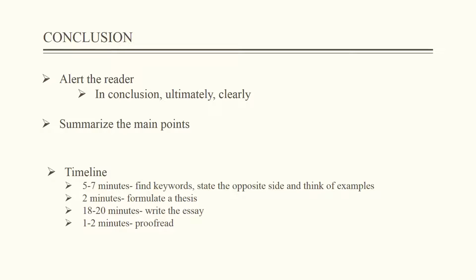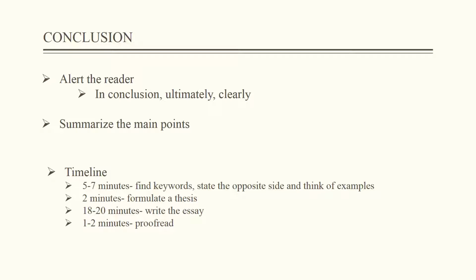Secondly, it summarizes the main points of the essay, meaning that it mentions the thesis, how the examples support it. One optional thing that you can add is how you have considered the implication of the thesis, but that's not necessary, that's only optional.